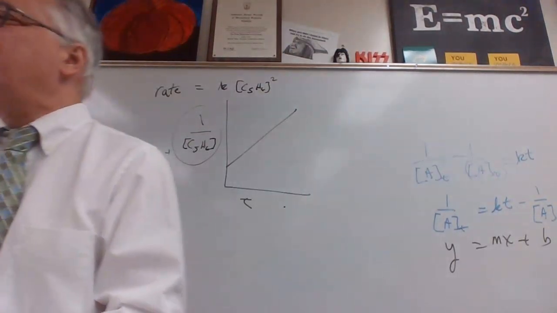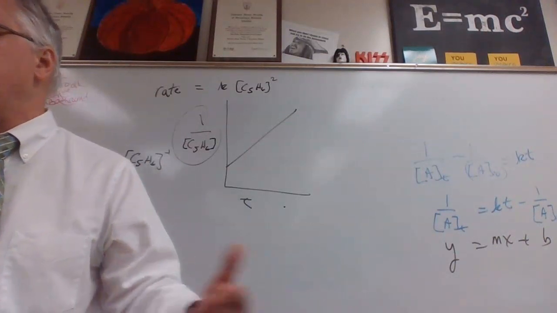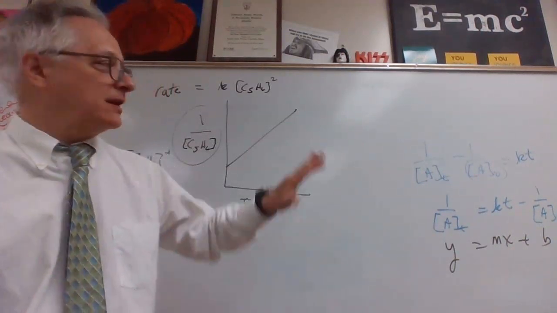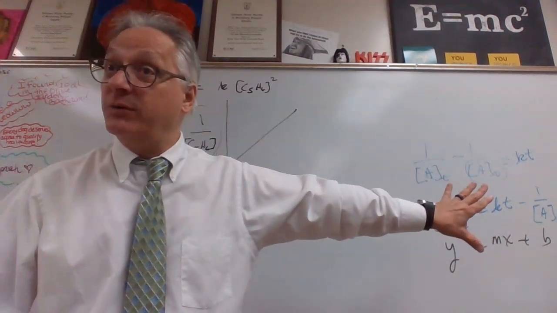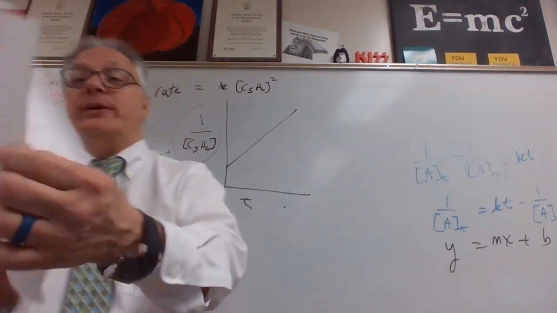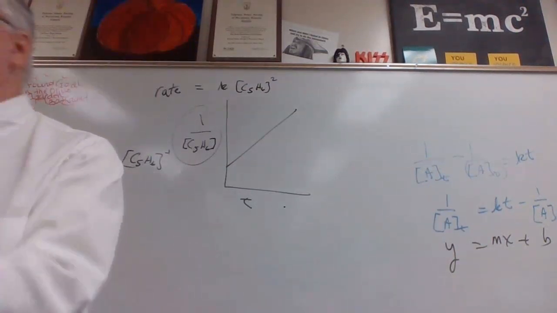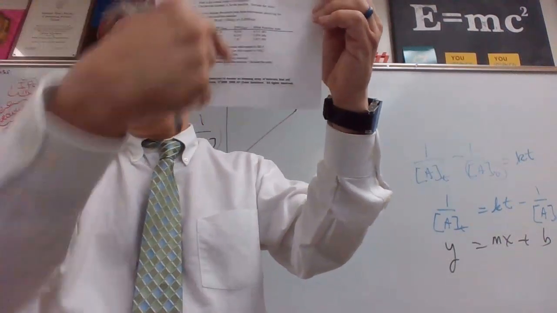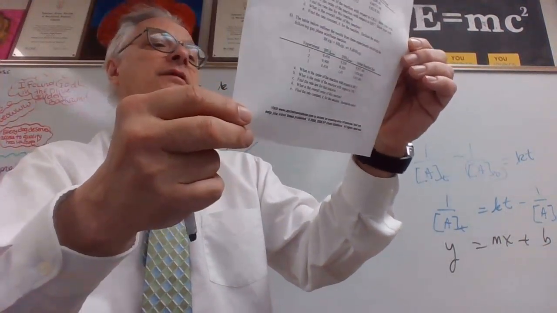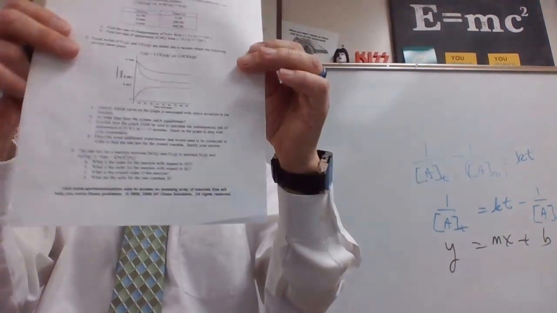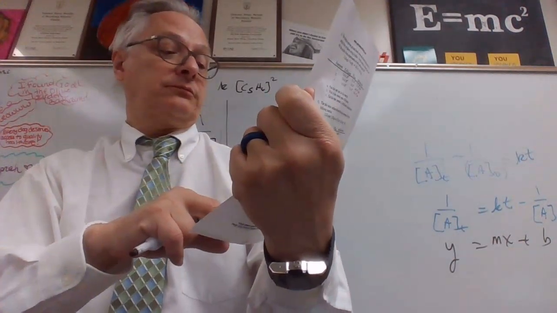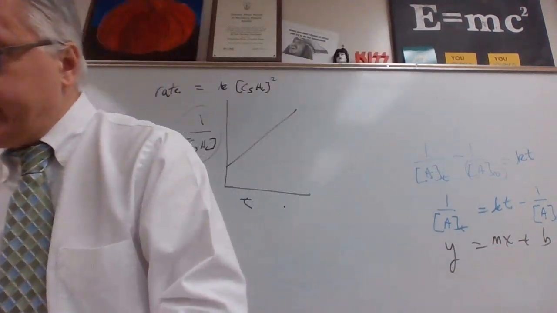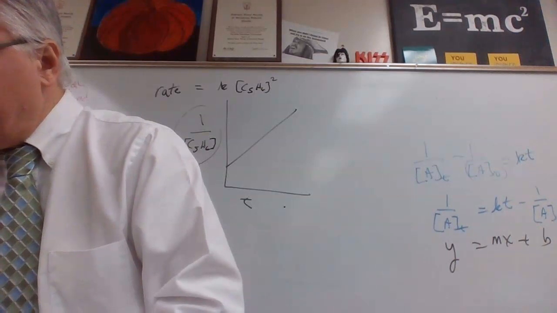I'm probably just going to say there's only so many things I can ask in 42 minutes. So, basically it's going to be identifying first and second order reactions, looking at graphs, doing these kinds of problems where we use experimental data, right? Definitely a question like question number 1 would be on there. And that's really, and some half-life stuff.